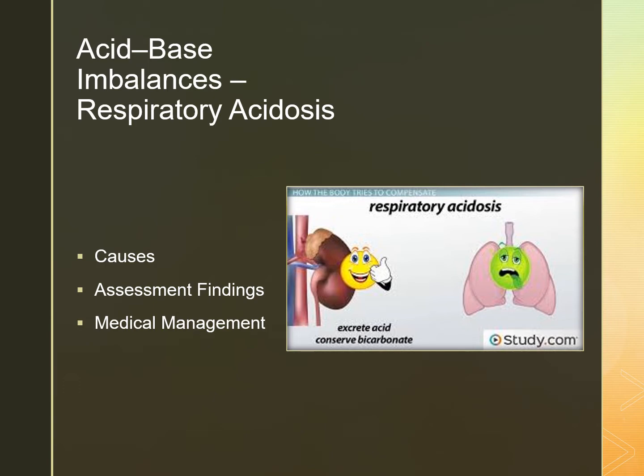Respiratory acidosis can be acute or chronic, and it's caused from excessive carbonic acid and is associated with extreme respiratory insufficiency. Acute causes will include a pneumothorax, pulmonary edema, asthma, pneumonia, atelectasis, drug overdose, and head injuries. Chronic causes include those COPD issues, such as cystic fibrosis or emphysema.